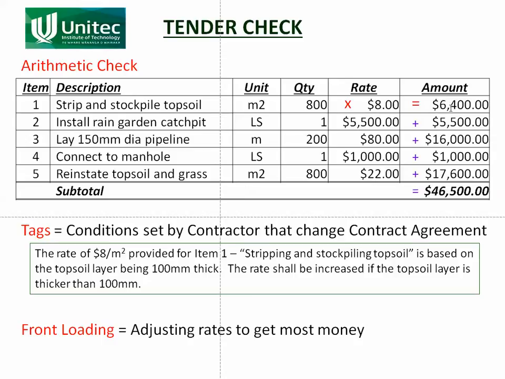You will tell him what the mistake was. You will say you've got two choices. You can either withdraw your tender now, or you can let that mistake lie. In other words, that tender price still stays the same, and the contractor has to work with the price that he submitted. And usually they'll choose to stay with it.